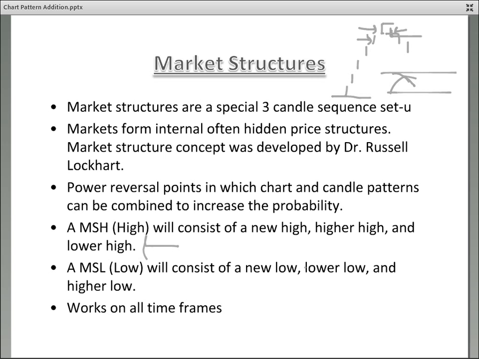It seems simple, but when you actually try to put it into effect, it takes time to get acclimated to. A market structure low would be a reversal for a high. You're going to have a new low, a lower low, and then a higher low. So here's your new low, lower low, higher low. You get in right here, and what should the stochastics be doing at that moment?